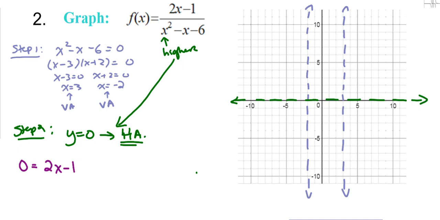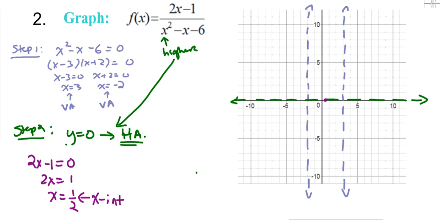Why do I keep putting the 0 on the other side? I don't like that, but we can do it. Let's set the numerator equal to 0. So we're going to get 1, and x is equal to 1/2. And so we'll go to the x-axis, we'll find 1/2, and we'll put a little dot there. Yep, we got it. So that's our x-intercept.